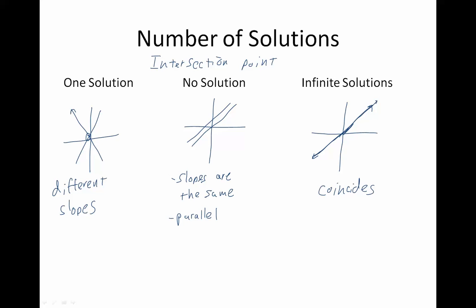These two lines coincide. They have the same slope and they have the same y-intercept. They are in essence the same line. And that's why they have an infinite number of solutions, because one line completely overlaps and coincides on top of the other line.